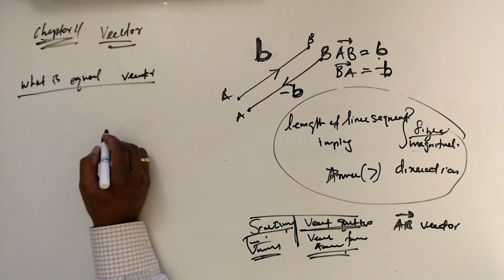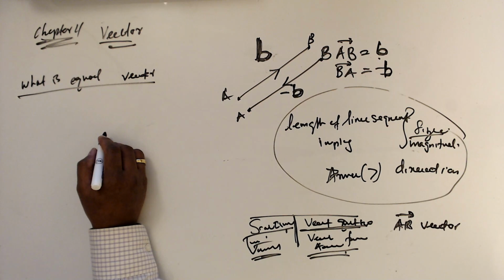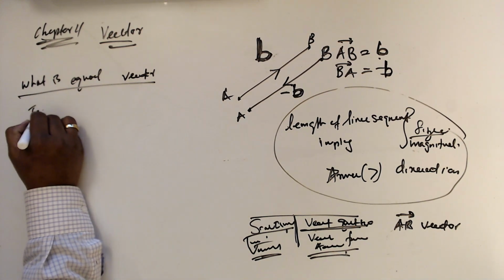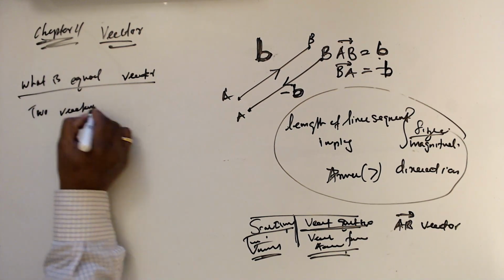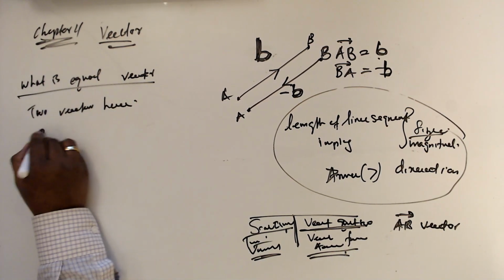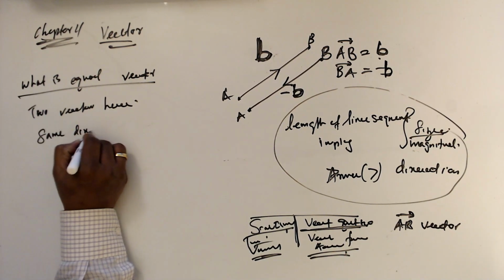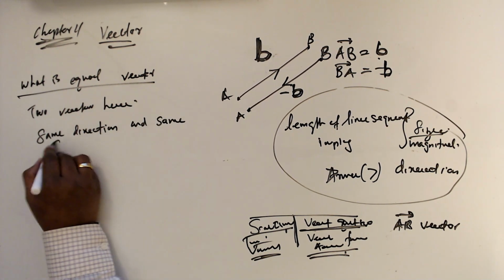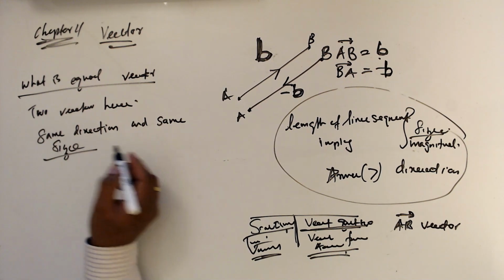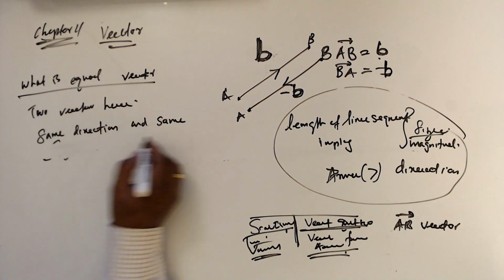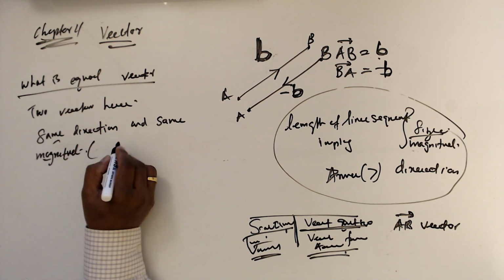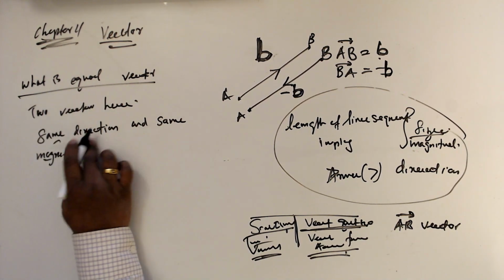Equal vector means if two vectors have the same direction and the same size or same magnitude, then we call that they are equal vectors.